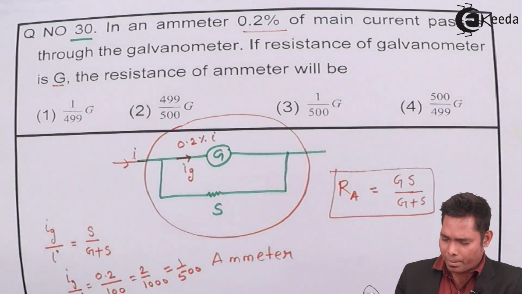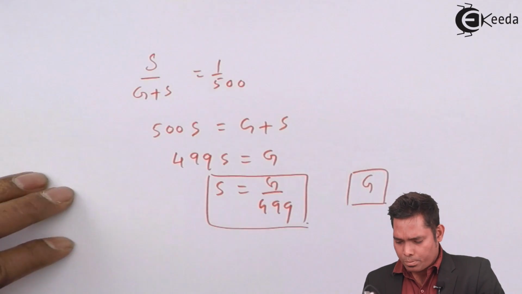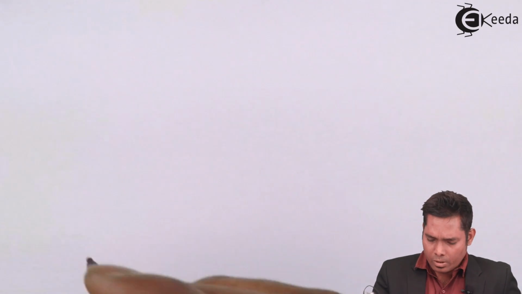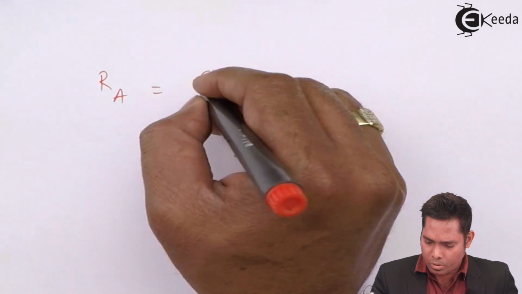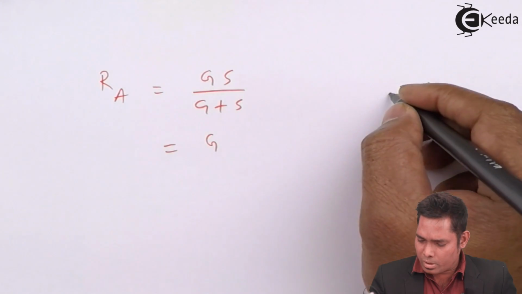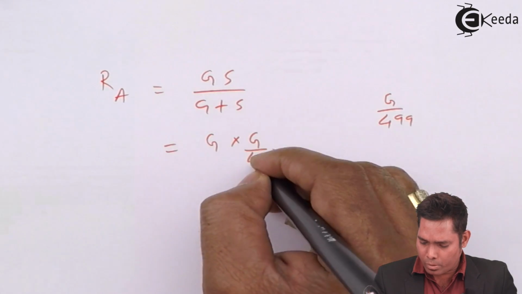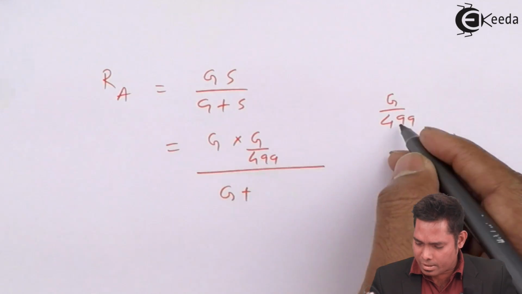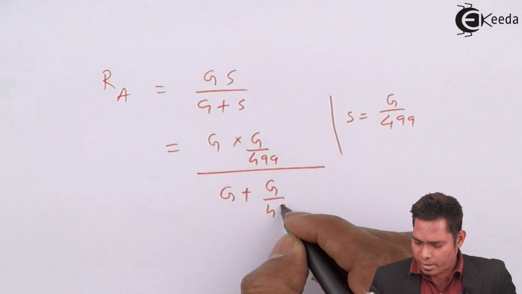The resistance of the ammeter is the product over the sum of the resistances. G will remain, and S is G divided by 499. So it is G times G divided by 499, divided by G plus G divided by 499.